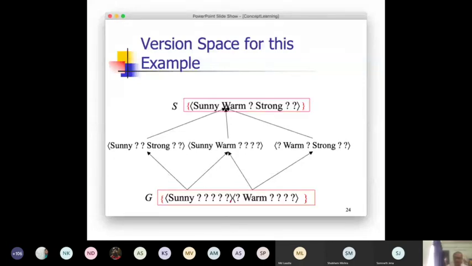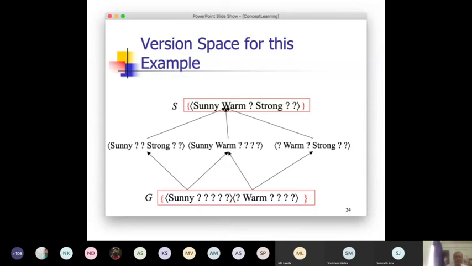There are different terms: least general, maximally specific, which are similar. So this S is that, and G is the most general set of hypotheses. I'll check those terms.